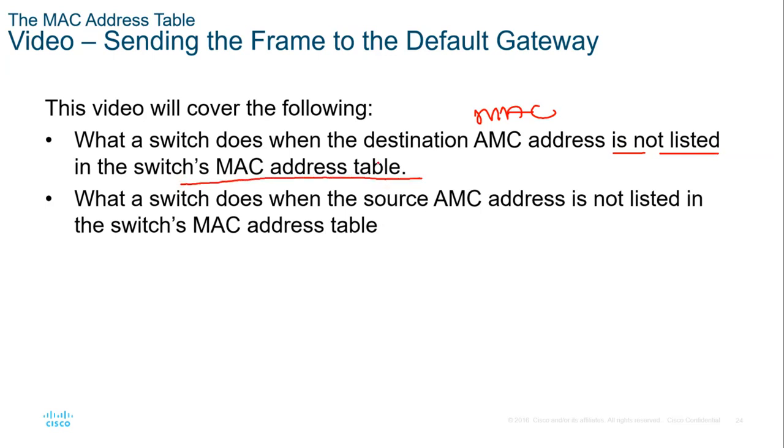So what will happen? Flooding that frame out of all ports except the incoming port. Then, what a switch does when the source MAC address is not listed in the switch's MAC address table.